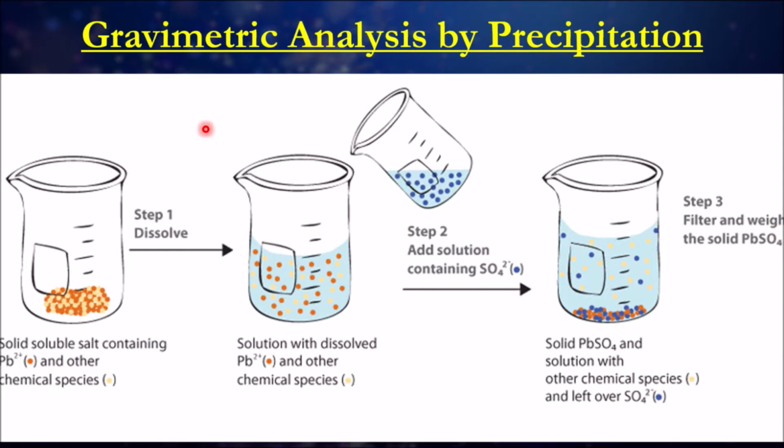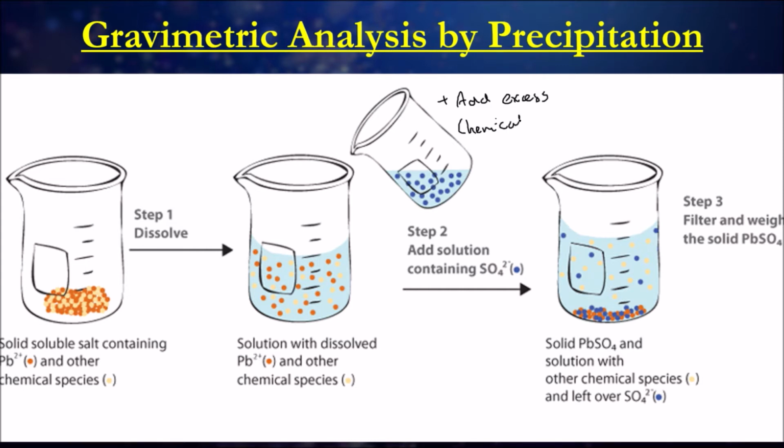Okay, so let's just recap on these steps. The first step is to ensure that it is dissolved in water. Okay, once you've done that, you add an additional compound or you add an additional ion in excess. So this is where you add additional excess chemical.